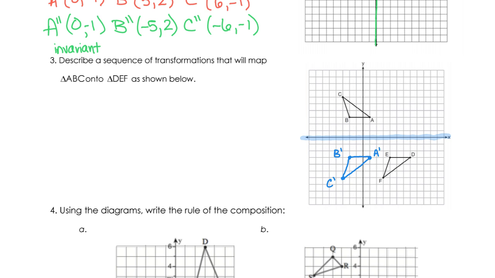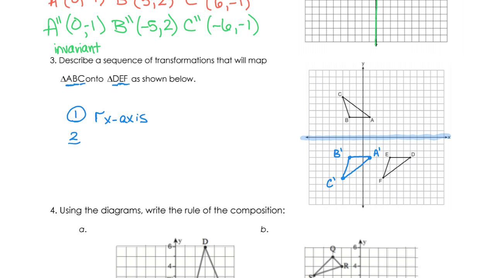But I think if I just push this triangle over, A will fall onto D like it's supposed to because they're the first letter of the triangle. B will fall on E, which is supposed to happen because they're the second letter of each triangle. And C would slide over to F. All right, so I'm going to go ahead and say number 1, we did a reflection over the x-axis.